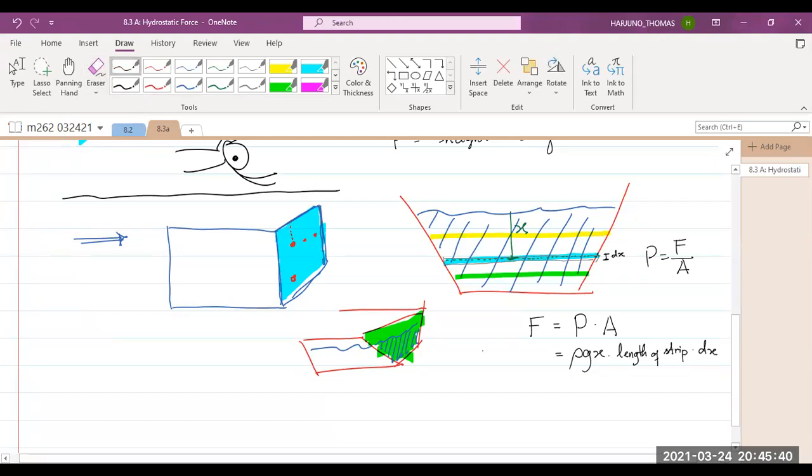This one here. Then the total force of this wall that I marked in green must be equal to the sum of forces on all those strips.